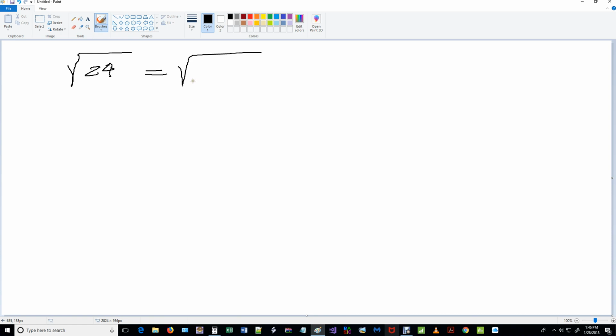None of them is a perfect square. 4 times 6. Actually, that works because 4 is a perfect square. So the square root of 24 could be written as the square root of 4 times the square root of 6. And this works because the square root of 4 is 2, and the square root of 6, there's nothing you can do.